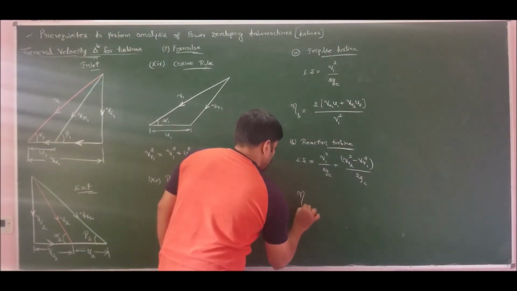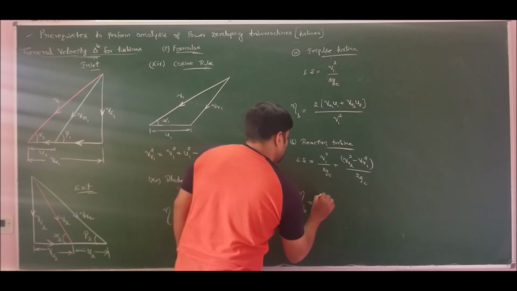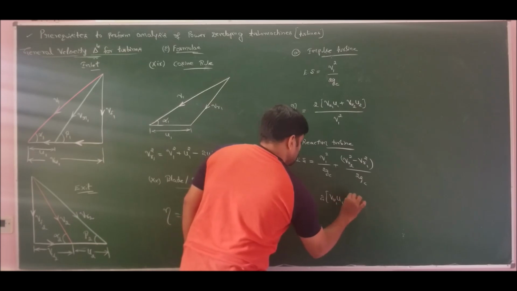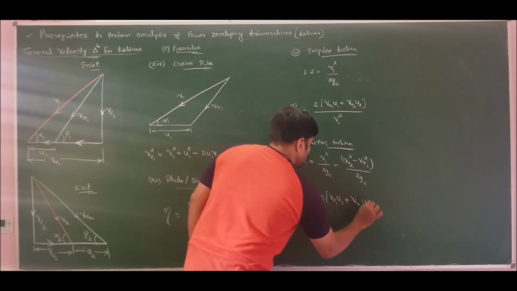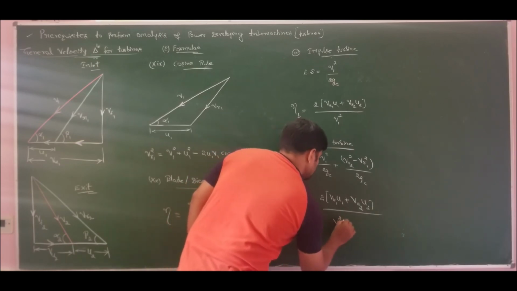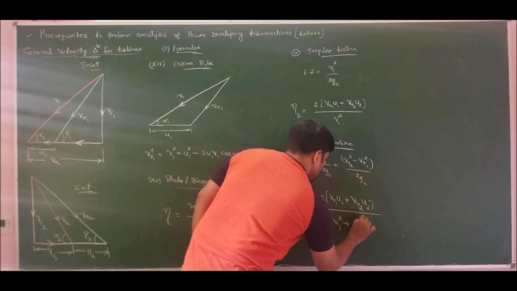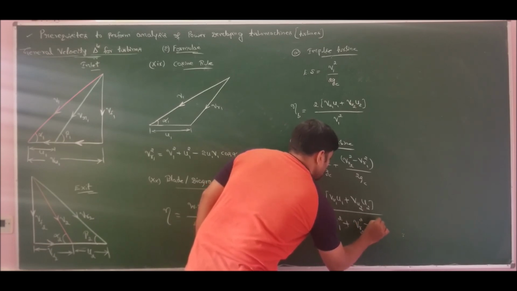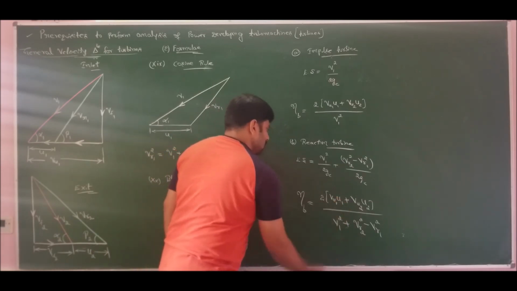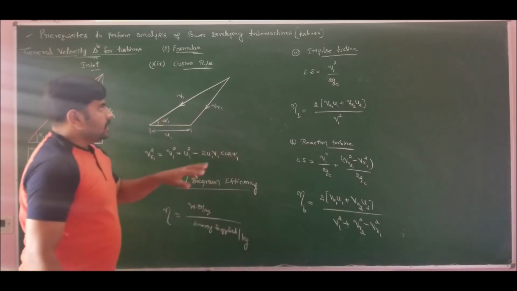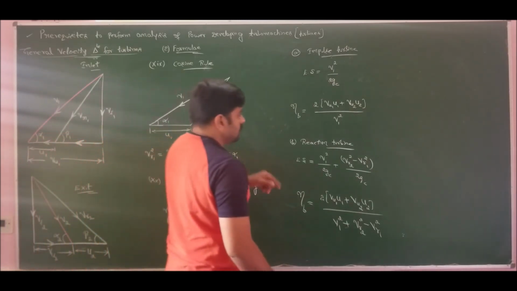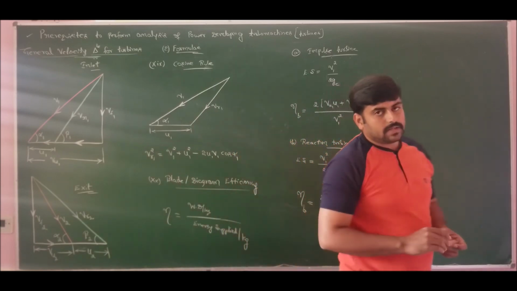So blade efficiency for reaction turbine will be 2 times (Vu1 U1 plus Vu2 U2) divided by (V1 square plus VR2 square minus VR1 square). So depending on the turbine you are analyzing, whether it is impulse or reaction, you should use the corresponding expression for blade efficiency or diagram efficiency.